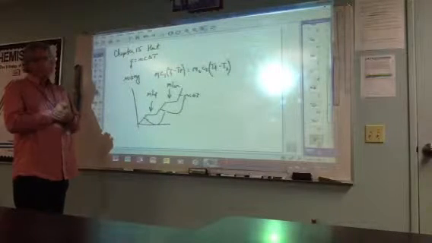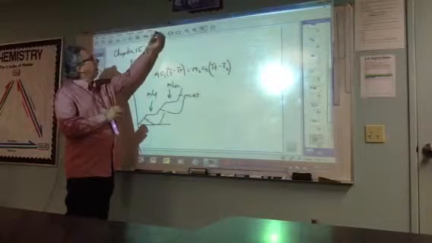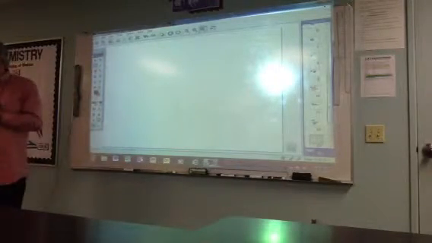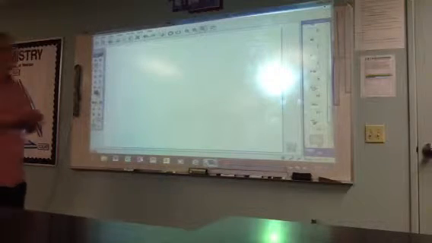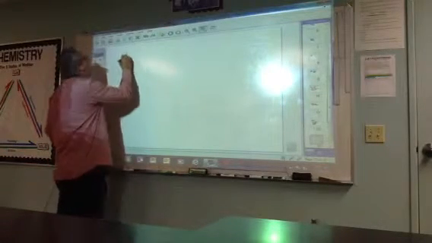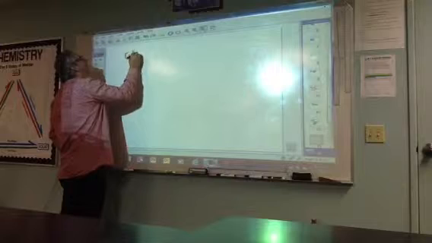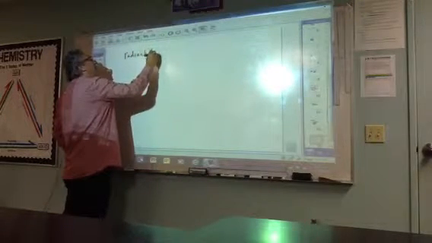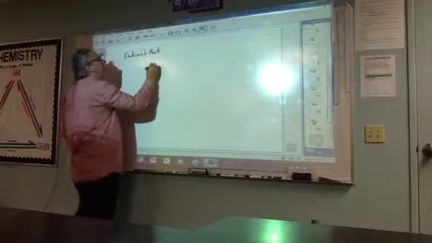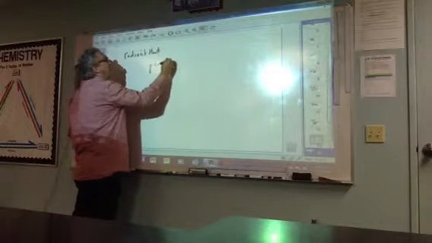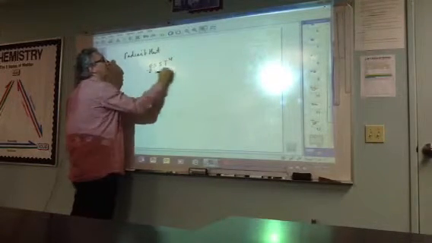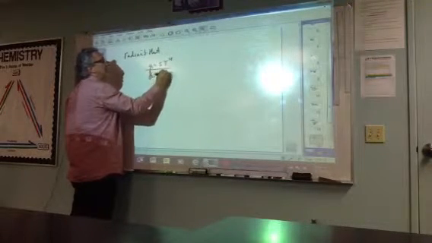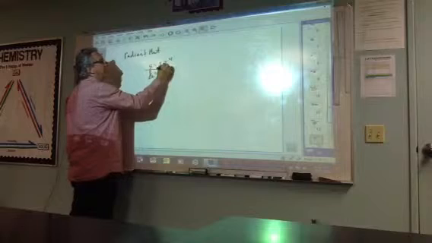Okay, and the final question in this section has to do with the ratio of the thermal energies with the radiant heat transfer. So you have radiant heat. Remember, we have Q equals S times T raised to the 4th power. So if you're going to get a ratio of Q1 to Q2, then you have T1 to T2 like this.